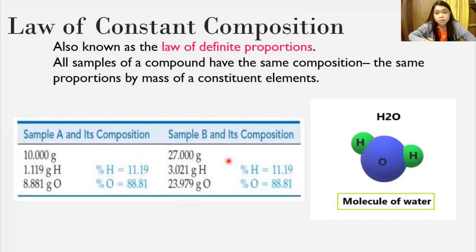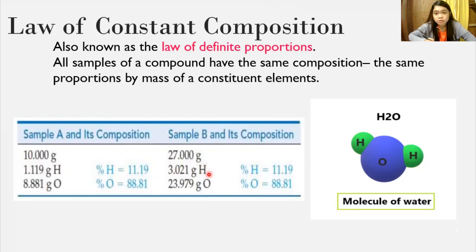So the question is, would the mass percent composition be the same as sample A? Of course, it will be the same because they just increase in the same proportions.